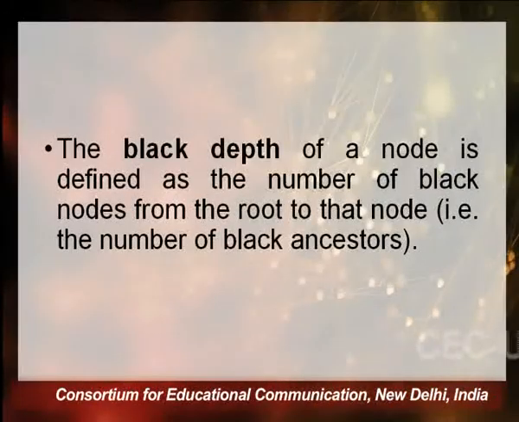In order to redefine this term black depth, we say that the black depth of a node is defined as the number of black nodes from root to that particular node whose black depth we are trying to determine.